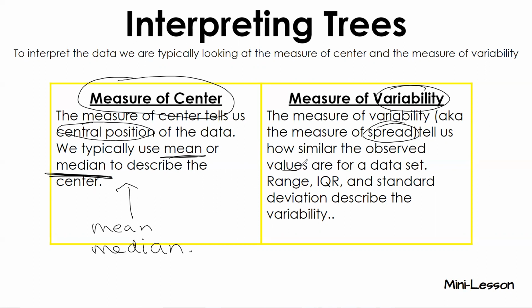This is going to be range, IQR, and standard deviation. Again, fancy words that they're just trying to trip you up to say the exact thing that you already know how to do. Don't mess this up. Measure of center, mean and median. Measure of variability, how spread out the data is.